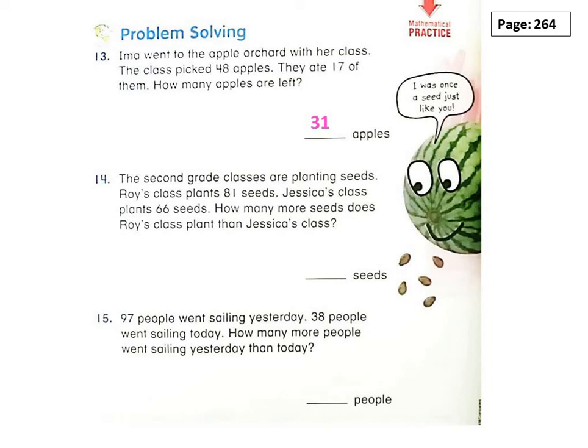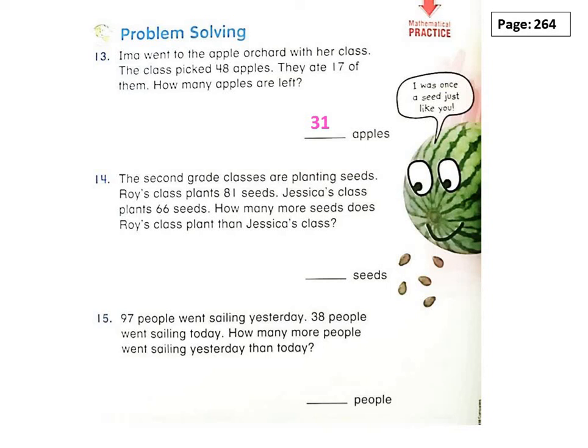Now, let's see question number 14. The second grade classes are planting seeds. Roy's class plants 81 seeds. Jessica's class plants 66 seeds. How many more seeds does Roy's class plant than Jessica's class?